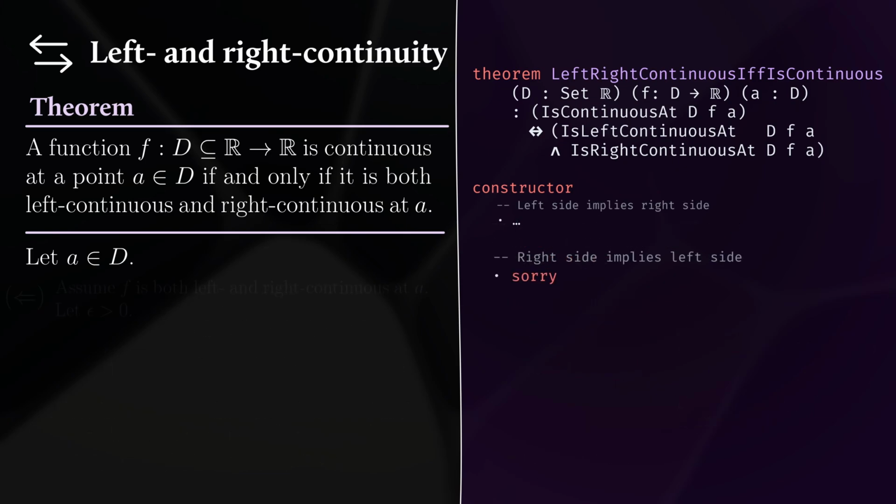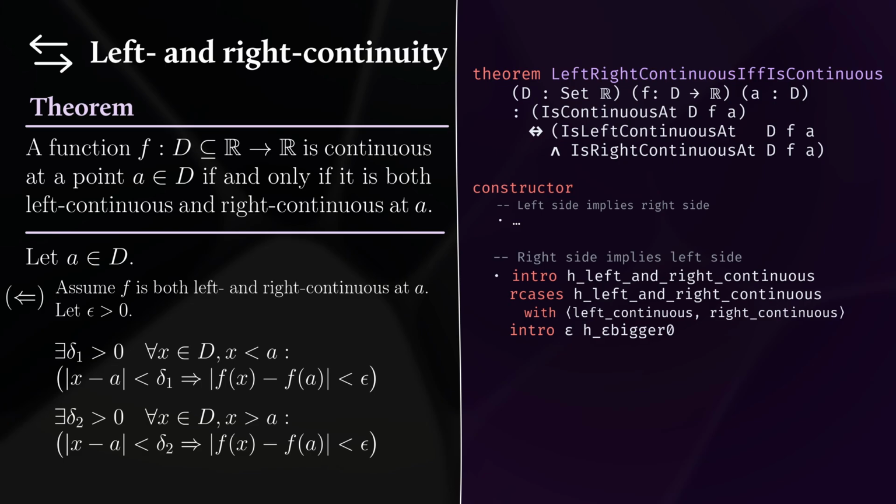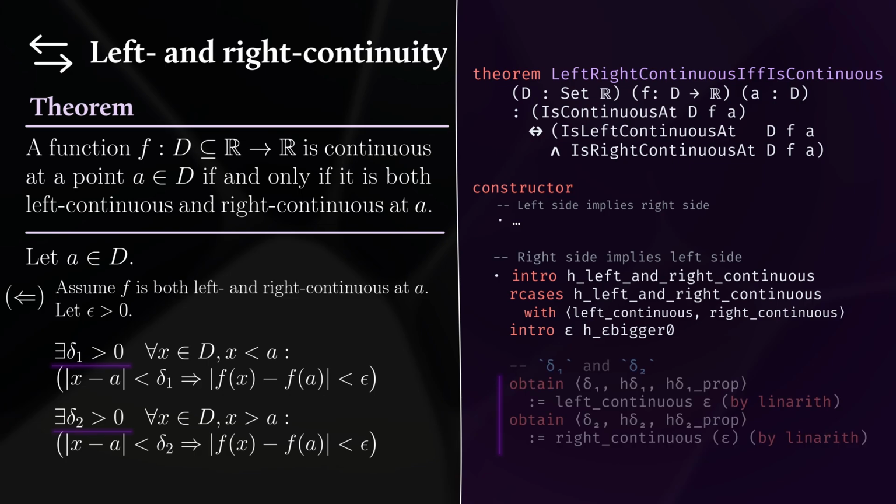That is, now we assume that f is both left and right continuous at a, and we want to show that f is continuous. So let epsilon be bigger than 0. Since f is both left and right continuous at a, we know that there exists a delta 1 and a delta 2 such that all the rest of the definition applies. We use obtain again here to obtain the delta 1 and the delta 2 from that definition.